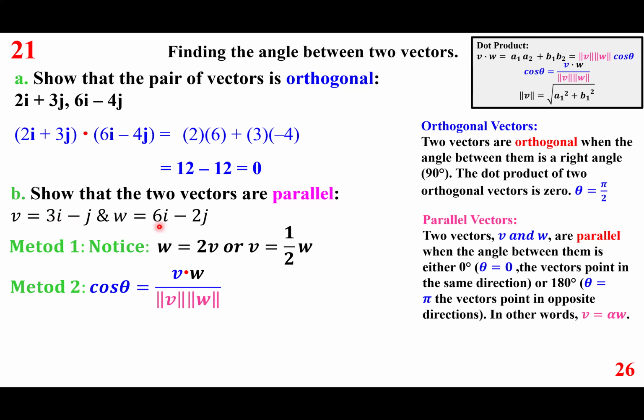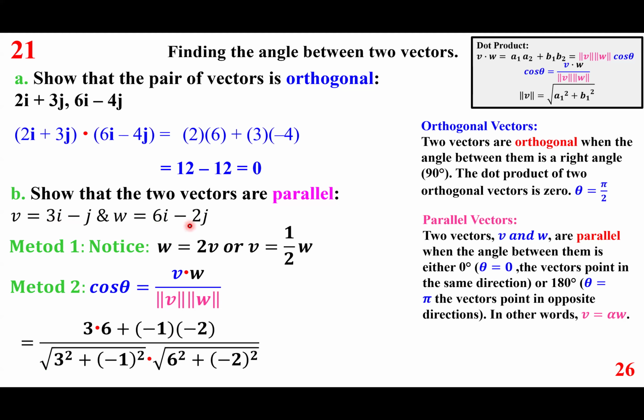This one would be the square root of 6 squared plus negative 2 squared. So 3 times 6 and negative 1 times negative 2. So this is 18, this is positive 2. Then 3 squared and negative 1 squared, this is 9 and 1, 10. And 6 squared and negative 2 squared, this is 36 and 4, 40.